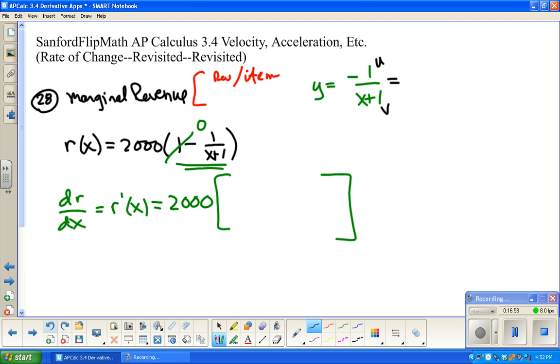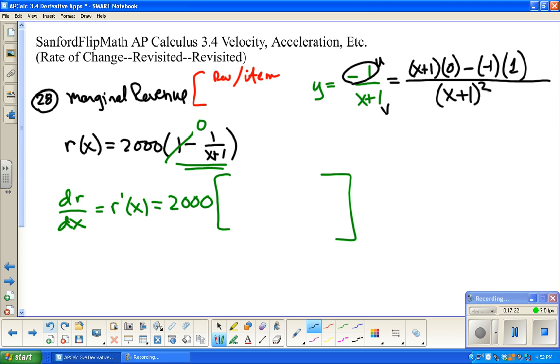So here we go. The quotient rule says the denominator times the derivative of the numerator. I'm going to grab that negative with that 1 and call that the numerator. The derivative of -1 is 0. That's nice. Minus the numerator times the derivative of the denominator, over the denominator squared.